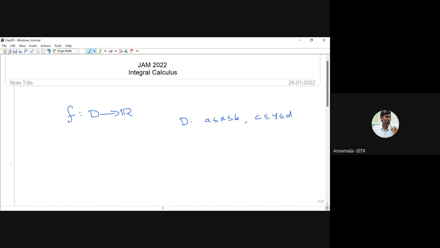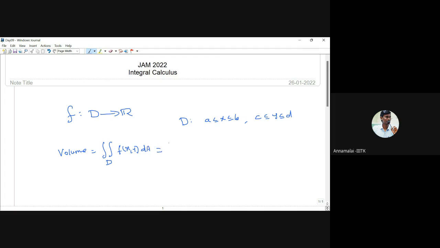Then the volume of the region bounded below by this D and bounded above by this function f, we define the volume as the double integral over D of f of x comma y dA.